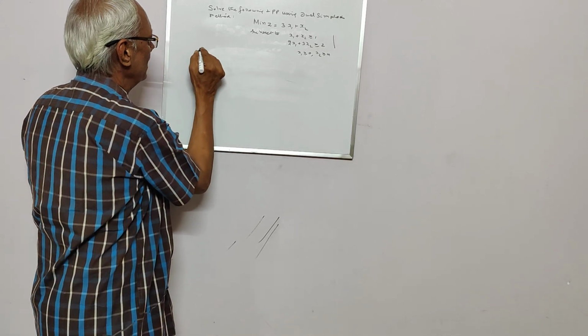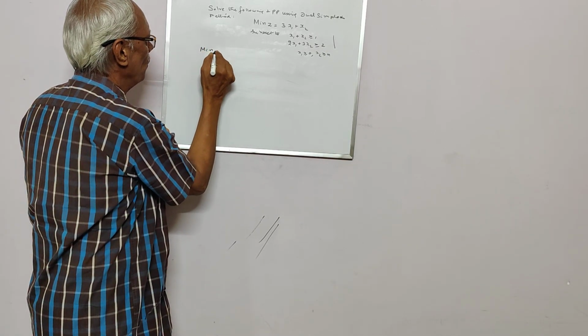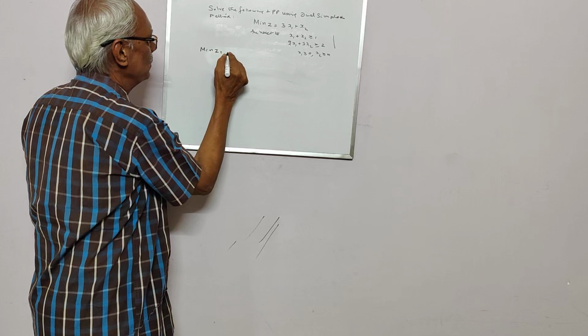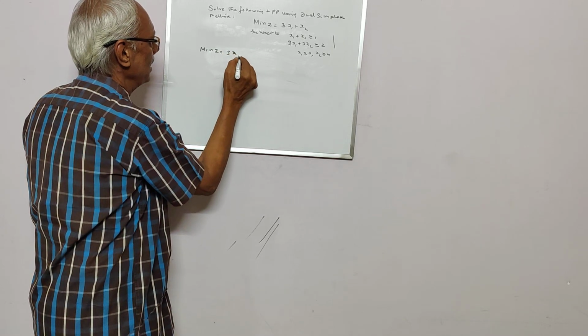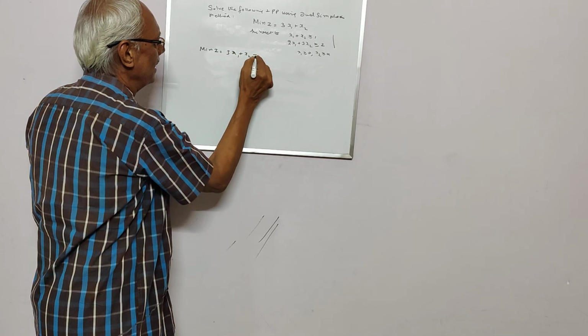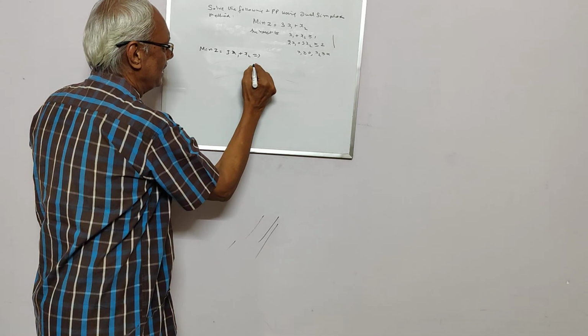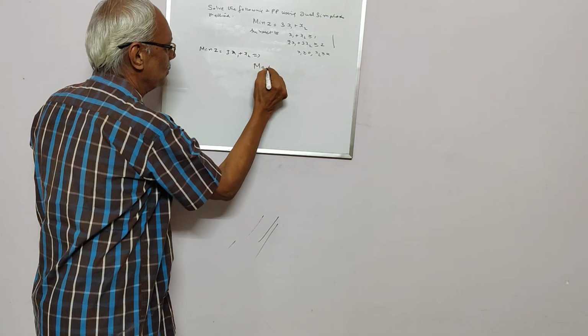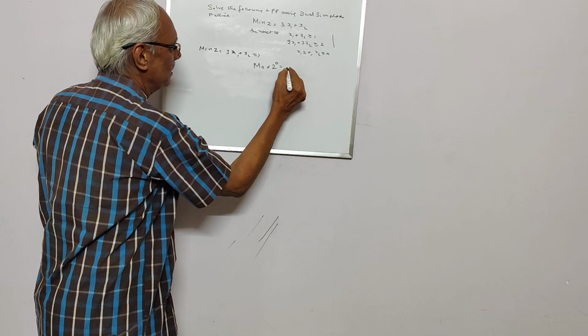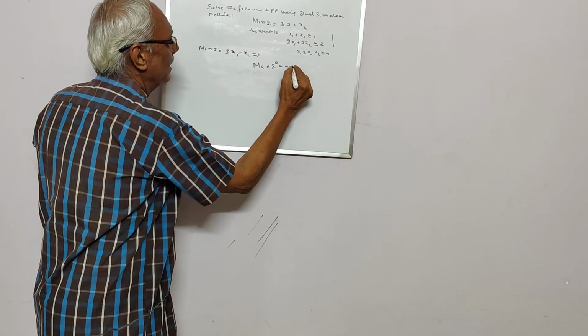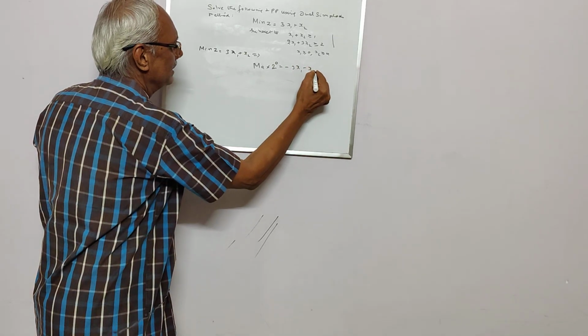So I will write here min of z is equal to 3x1 plus x2, which implies that it is max of z star is equal to minus 3x1 minus x2.